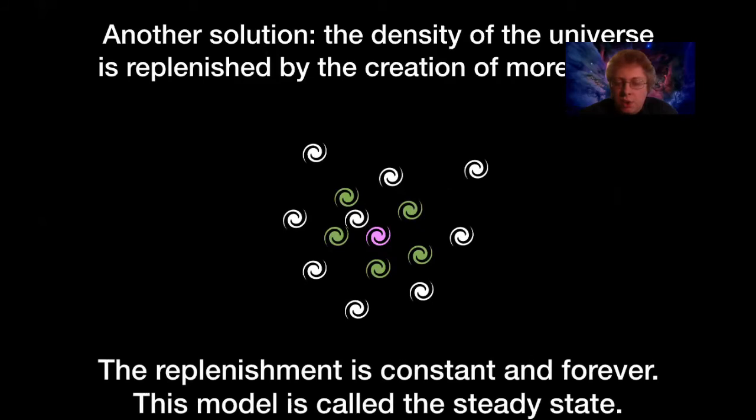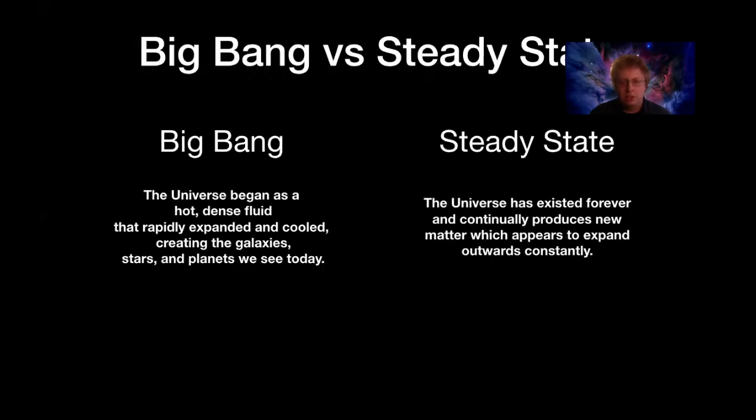And as they get far enough apart, more galaxies form because new matter is being created. This is called the steady state theory, the steady state cosmology, in which the universe has gone on forever. It's been going forever. It will go forever. And the only reason we see everything moving apart is because everything is constantly moving apart and more matter is being created in the middle to create those new galaxies.